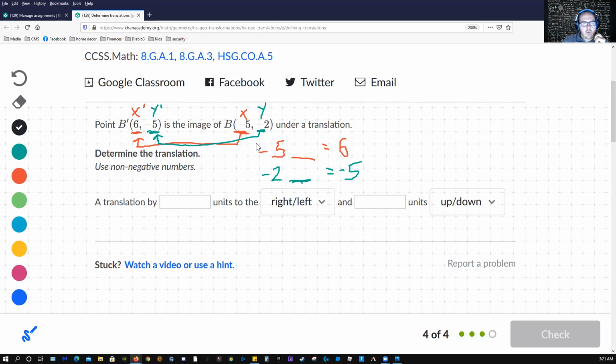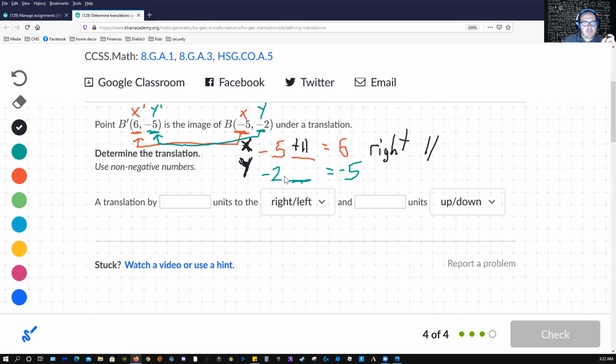Well, let's figure out the x-axis stuff first. From -5 to 6, we would have to go up 5 just to get to 0, and then 6 more to get to 6. So we are adding 11 here. And on the x-axis, if you're adding 11, that means you're going right by 11.